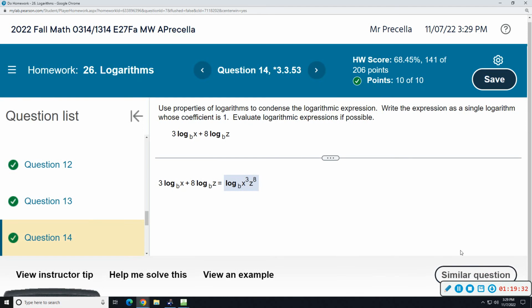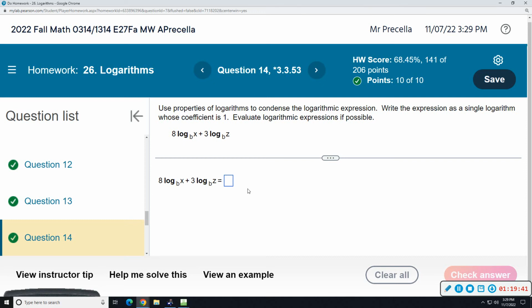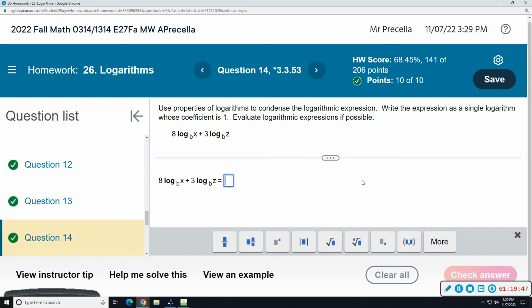Should we do another one like that? I mean, if I just say similar question. Oh, wait. Is this the same problem? Well, let's see. I'd go log base b.